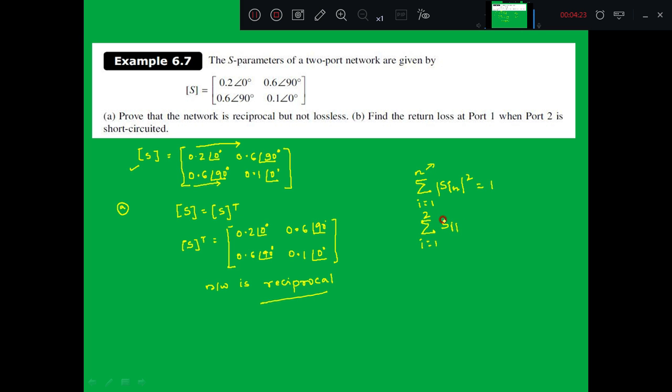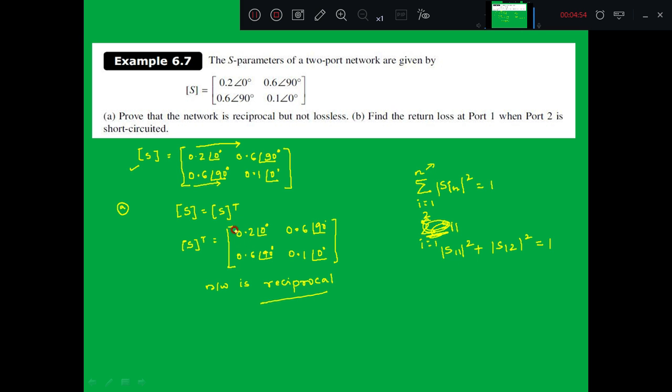So instead of writing like this, we'll do S11 squared plus S12 squared is equal to 1. So we have to prove that the squared magnitudes of the elements of the first row, or of the second row, sum to 1.